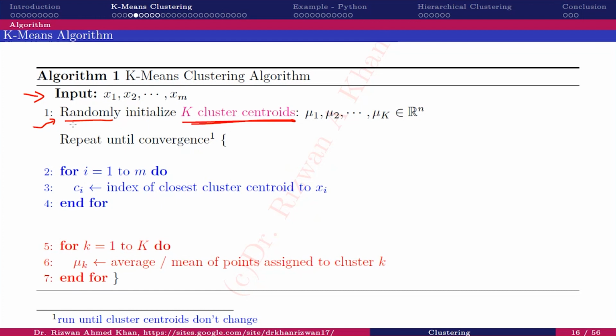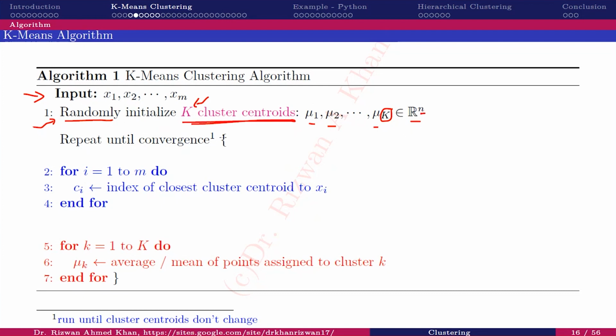But from an algorithmic point of view, we randomly initialize K clusters, where K is a hyperparameter, the number of clusters that we want to find from the data, and we denote these centroids as mu. So we have mu1, mu2 up till mu K. Capital K is the number of clusters. Later we will use small k as well, and I will explain when. So these are cluster centroids. As the data points were n dimensional, these centroids are also n dimensional.